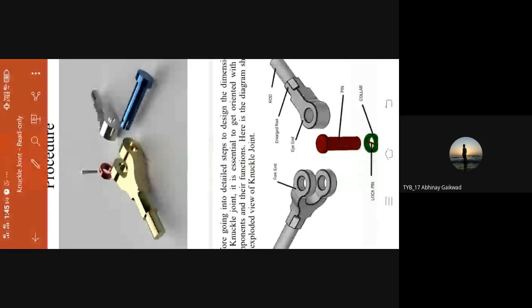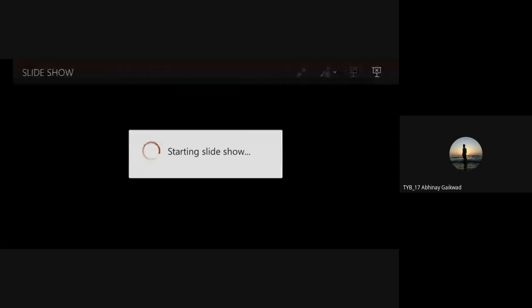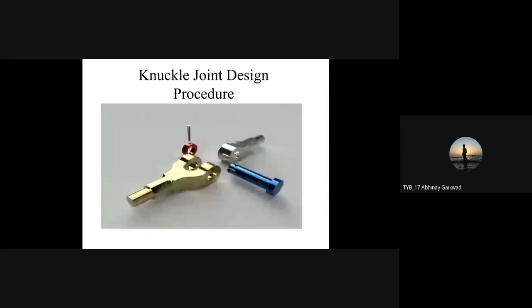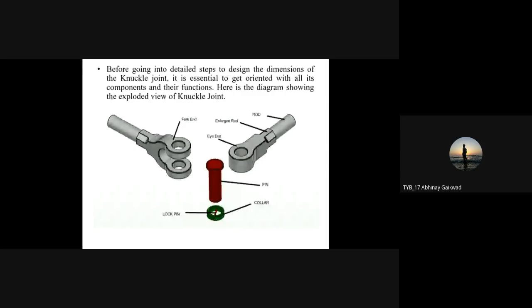I was talking about this knuckle joint, on this first slide, and the various components in it. Now see the components that the knuckle joint involves. First is called the fork end.